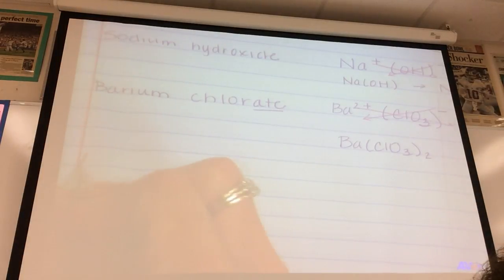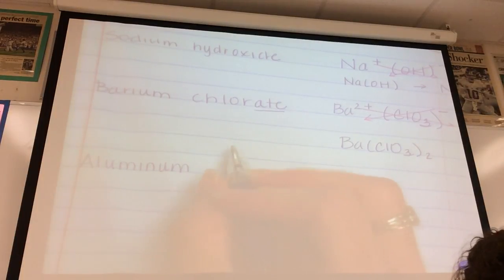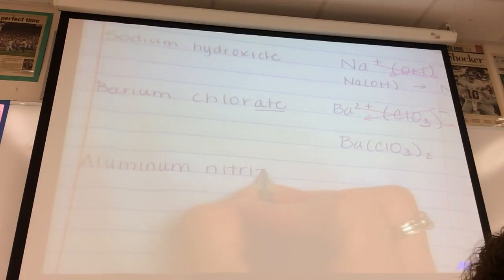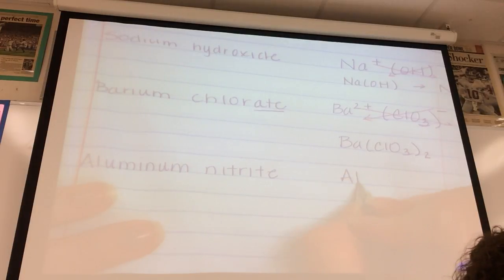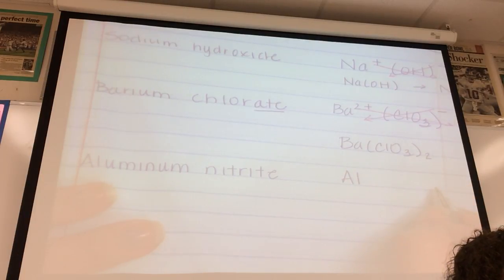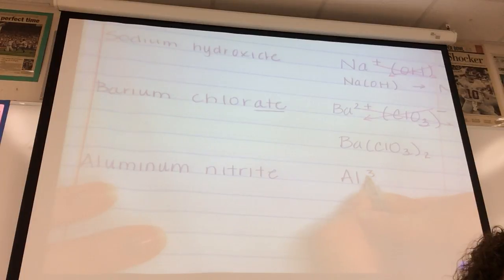The next one says aluminum nitrite. Dean, how do we do this one? You put the Al. Aluminum's on the front, honey. I know. What's its charge? It's in group 13. Why is it 3 plus?